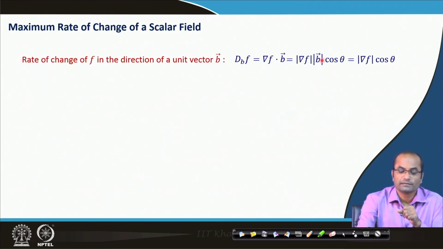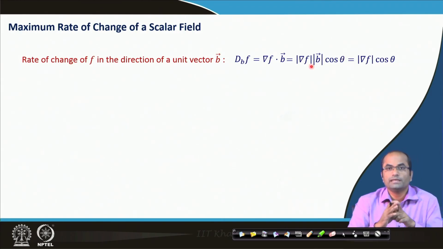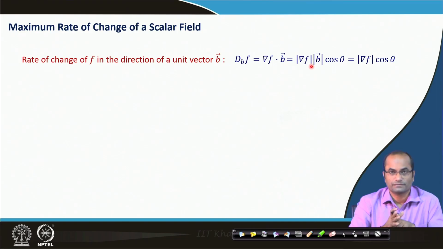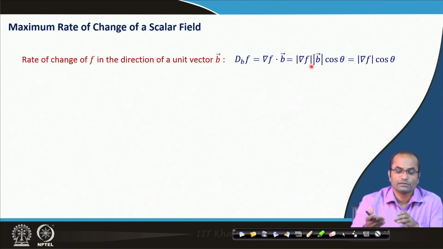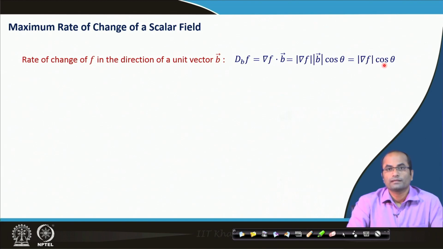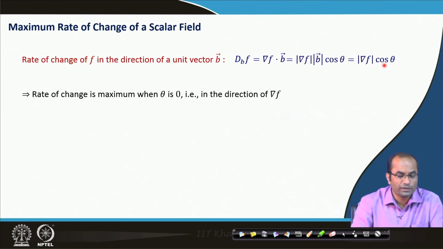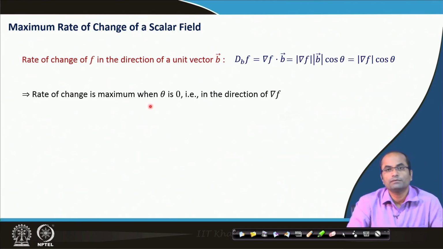So, if we take the unit vector b in the direction of del f, and compute the directional derivative in that direction, then the magnitude is going to be the largest one, the maximum one. So, the point here is that the rate of change is maximum when theta is 0, that means in the direction of the gradient of f.